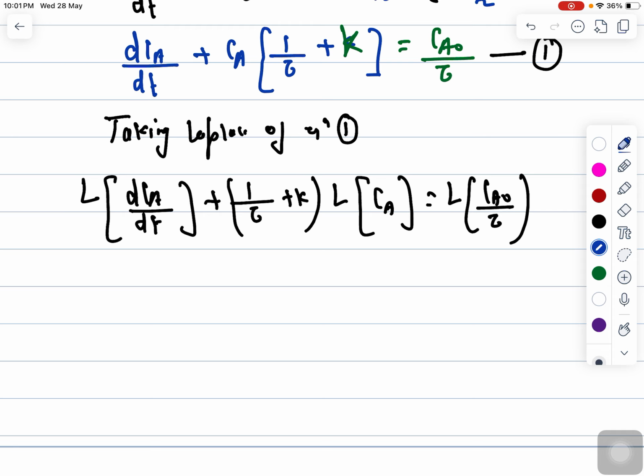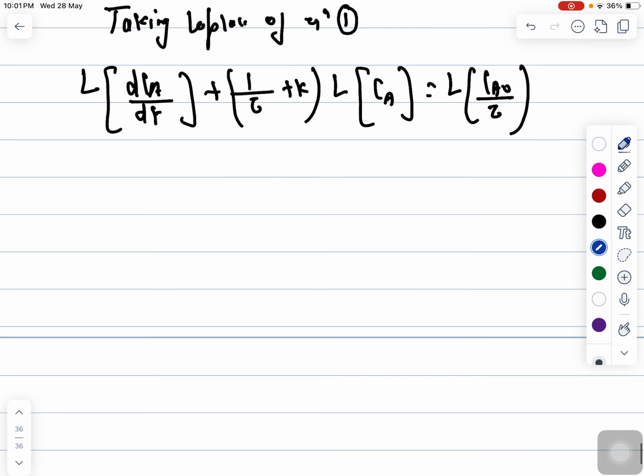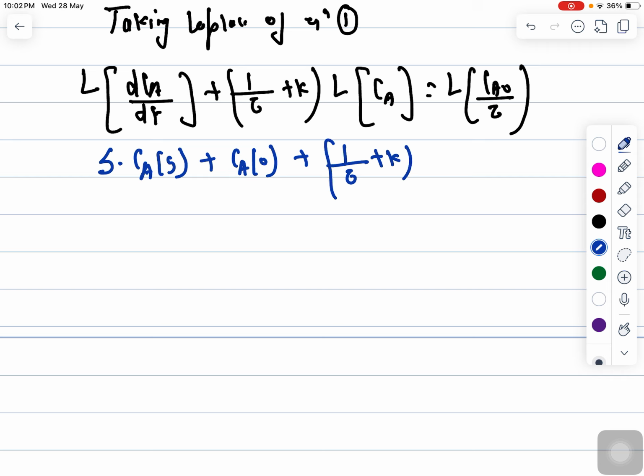If you recall the Laplace of the differential, I can write S times Ca(S) minus Ca(0), plus (1 upon tau plus K) Ca(S), equals 1 upon tau times Ca naught(S).